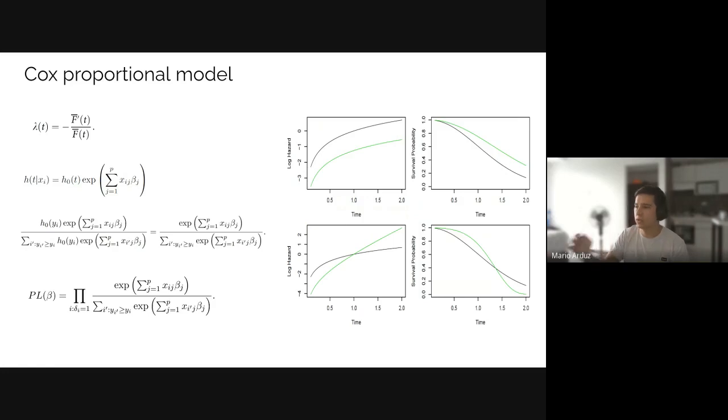The hazards are not going to cross, which would be a different situation if our data showed us this type of relationship, right? There would be some parts where one variable has more hazard than the other, but if we progress in time, this relation reverses. In this case, there is a bigger survival probability when the variable is set to green, but this only happens when the threshold is lower than, let's say, 1.4.